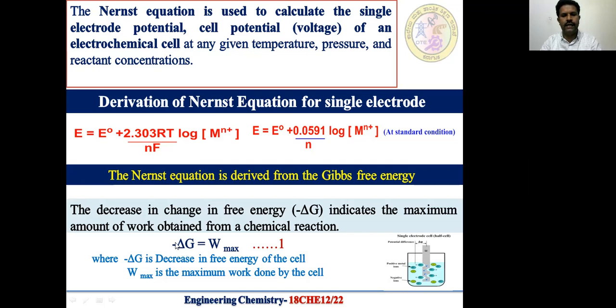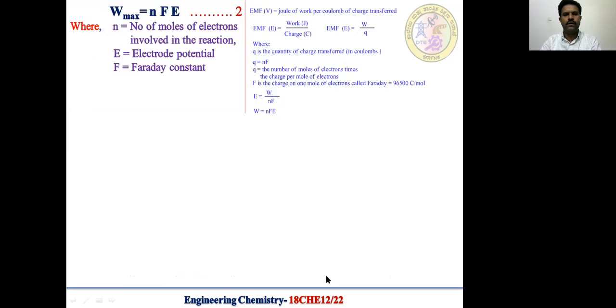The negative sign indicates a decrease in free energy change, and W max is the maximum work done by the cell. So W max is equal to the product of the number of moles of electrons involved in the reaction, Faraday's constant, and the electrode potential of the cell.